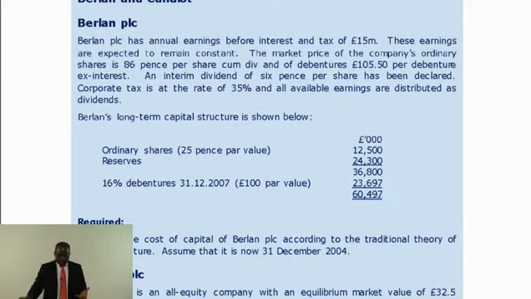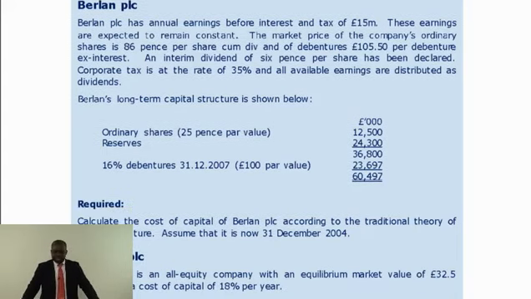Right, so let's take these two examples and then we go through them. Belland PLC has annual earnings before interest and tax of 15 million. These earnings are expected to remain constant. The market price of the company's ordinary shares is 86 pence per share cum div, and of the debenture 105.5 per debenture ex interest. An interim dividend of 6 pence per share has been declared.